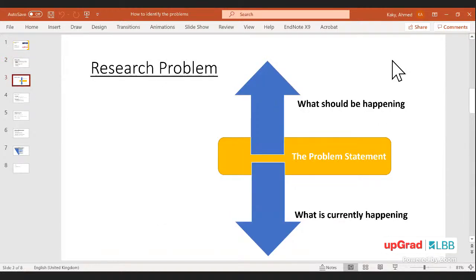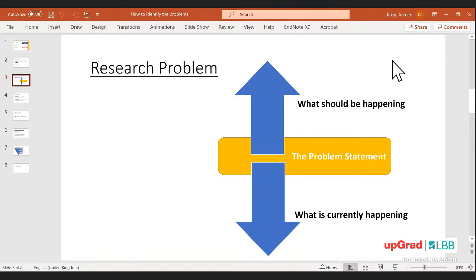When we talk about a research problem or a problem statement, which are almost synonyms, you can see the figure in front of you on the screen. Basically, we can think of our research problem as what is currently happening in terms of computer programs, computer applications, and computer science theory, versus what should be happening.